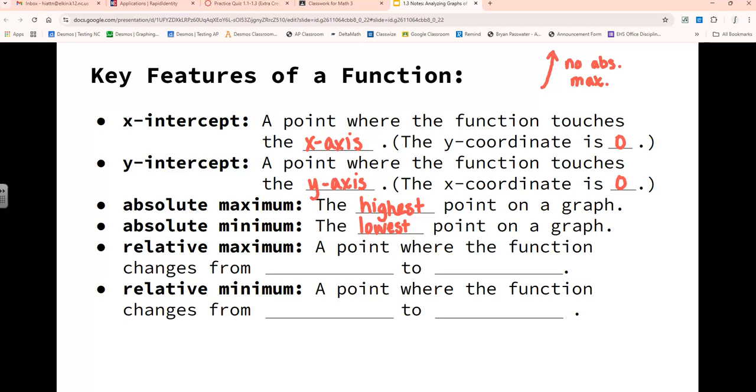Relative maximums or minimums are not necessarily the highest point on the graph, but are a point where the function changes from increasing to decreasing.